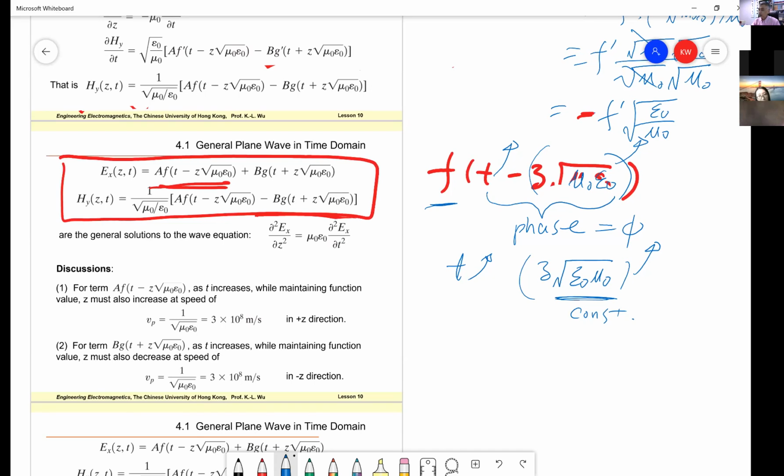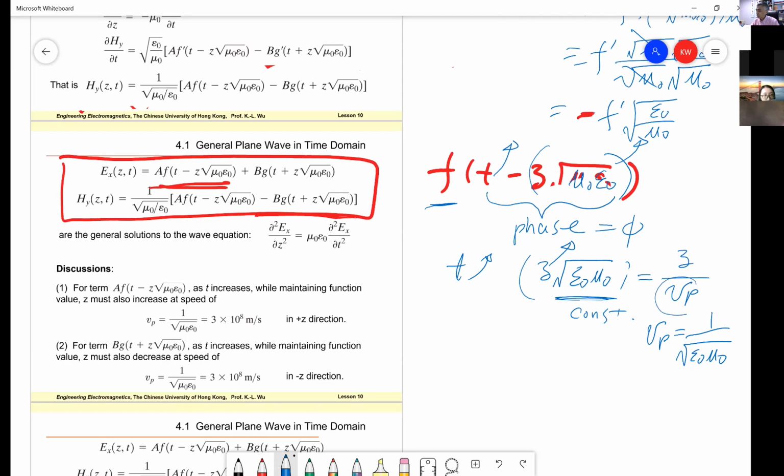What I can increase is z, so z must increase. If I rewrite this term like this, that means t increases and z increases in order to keep the same speed.